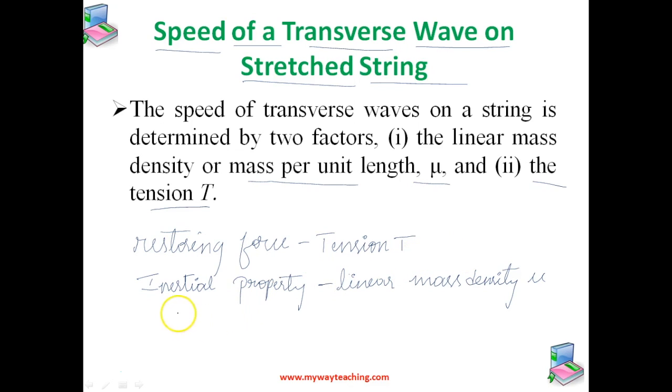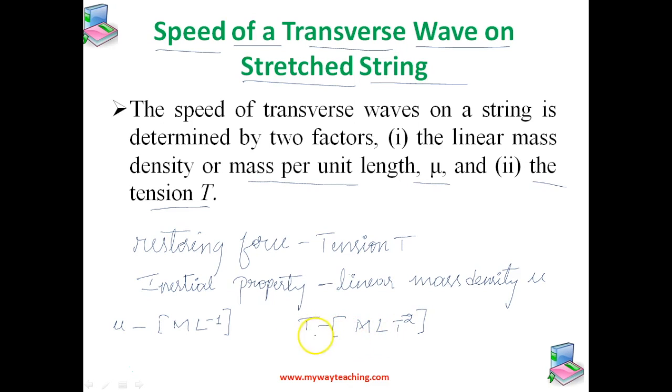Here, first we'll take the dimension of mu, that is linear mass density. The dimension of this mu is given by M L raised to minus 1, and the dimensional value of this tension T in the string is given by M L T raised to minus 2. And we need to combine these dimensions to get the dimension of speed v.